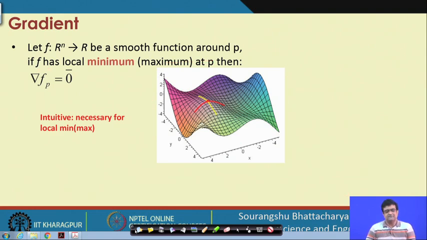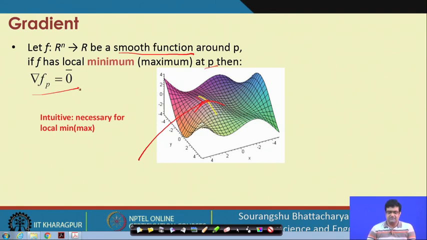Now, the first result, which is one of the most important results of optimization, is that for any function f which is a smooth function, basically which means that it is a continuous and differentiable function, f has a local minimum or maximum at a point P. Let us say this is the point P, f has a local optimum around this point if the gradient at P is equal to 0.